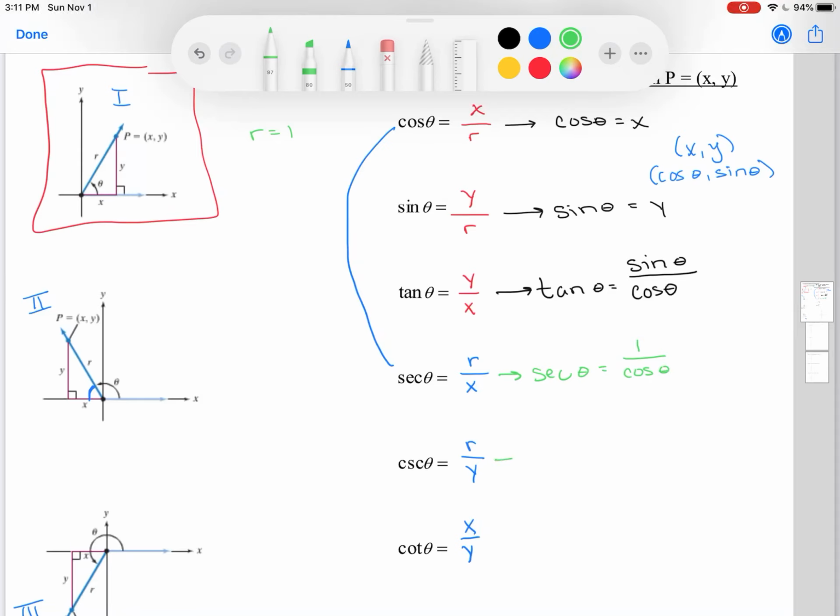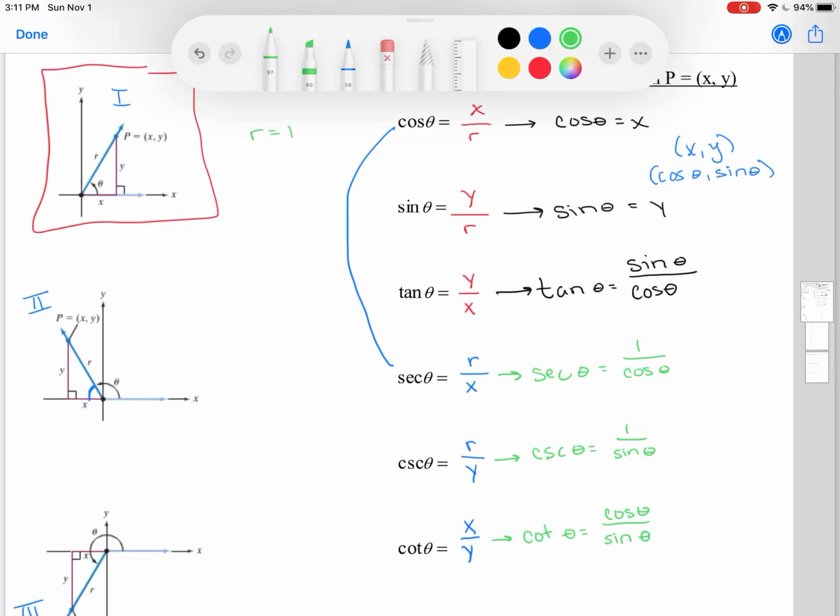Okay? You can do the same thing with the next 3 trig functions. Secant of theta is the same as just 1 over cosine theta. Just to remind yourself that secant and cosecant go together. And your r is still remaining as 1. Cosecant theta is going to be 1 over sine theta.